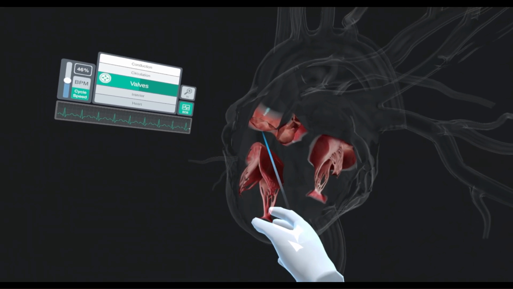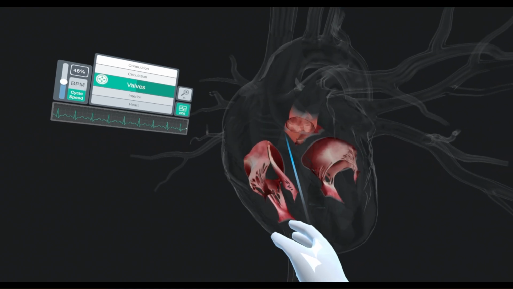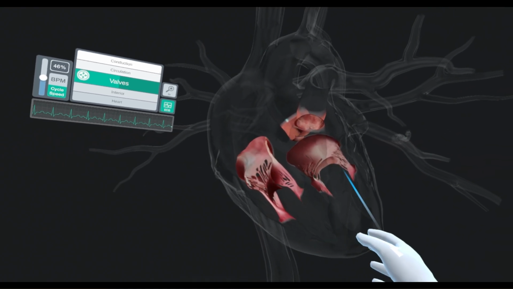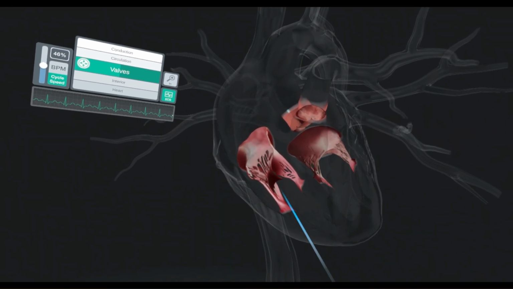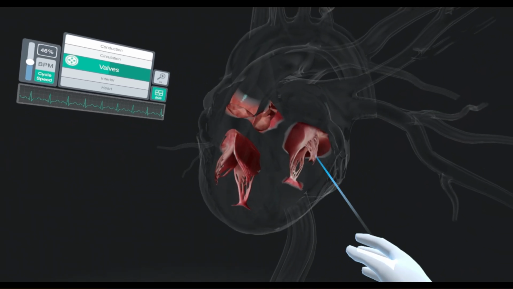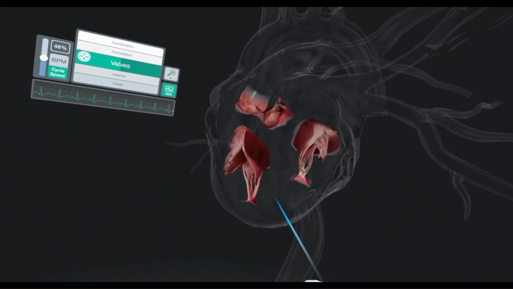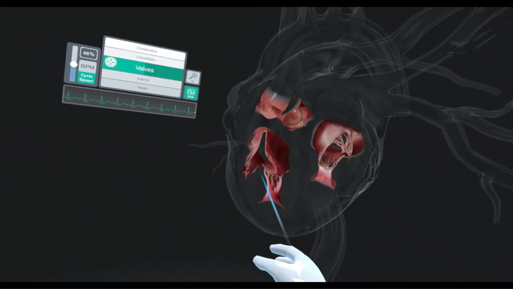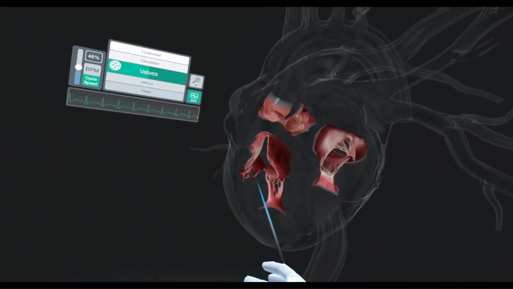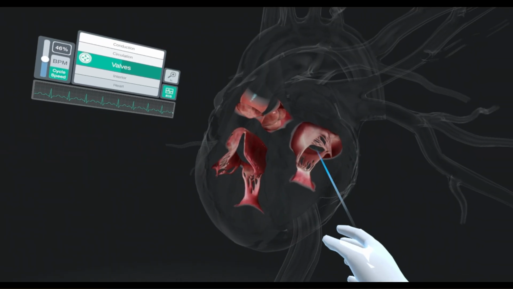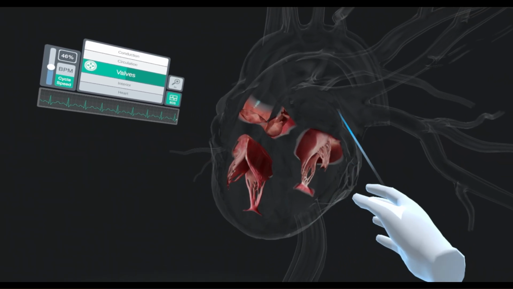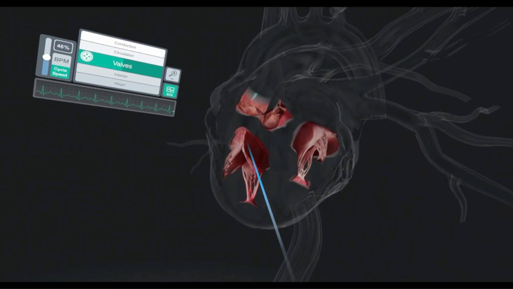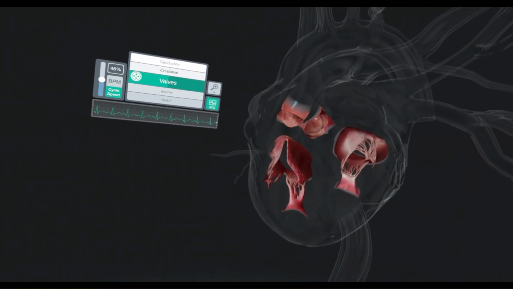They call them the semilunar valves versus the atrioventricular valves, because those are anatomic names for these other valves. All right, so here we have the bicuspid versus the tricuspid. Tricuspid's on the right side of the heart. The bicuspid is on the left side of the heart, between the atria and the ventricles, respectively, on both sides.